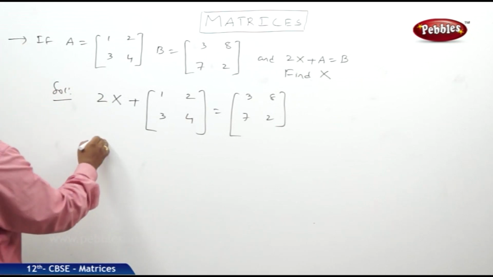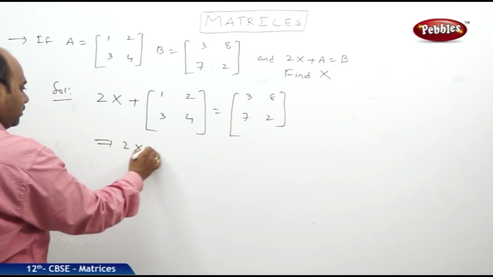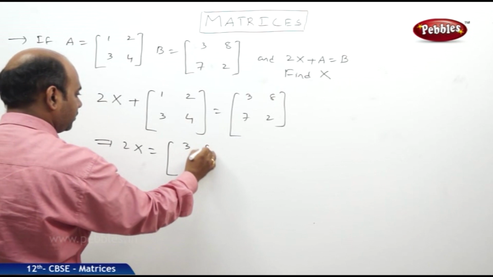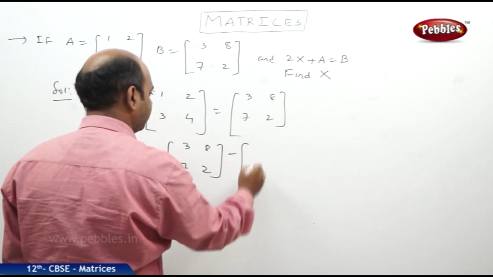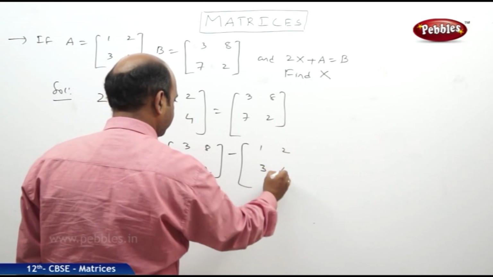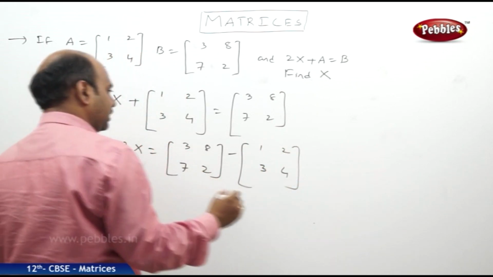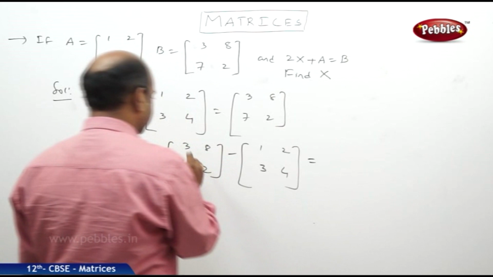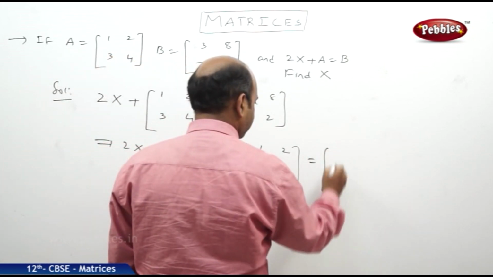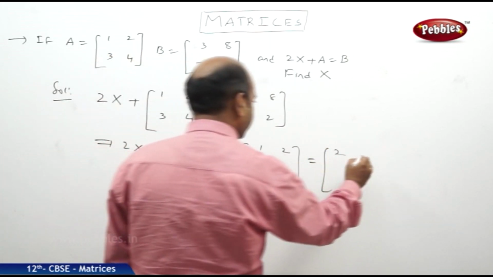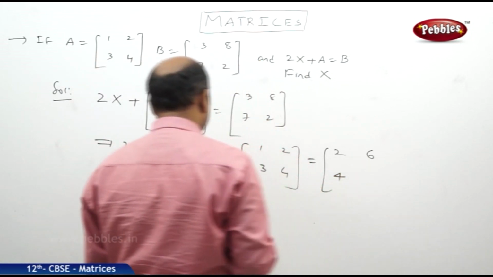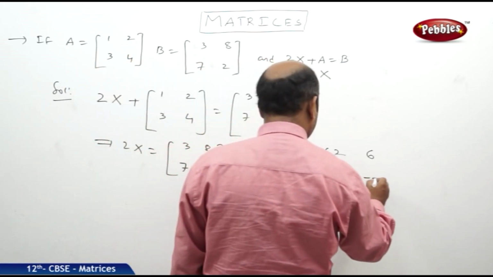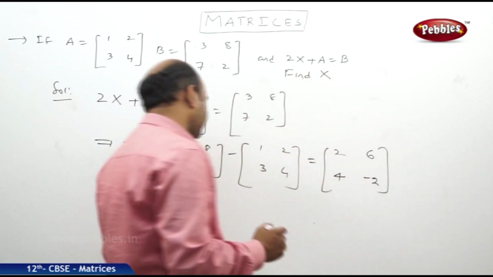So later, that implies 2X is equal to 3, 8, 7, 2 minus 1, 2, 3, 4. Finally, 3 minus 1 I will get as 2, 8 minus 2 I will get as 6, 7 minus 3 I will get as 4, 2 minus 4 I will get as minus 2.